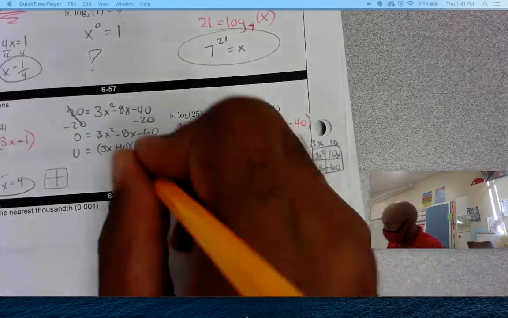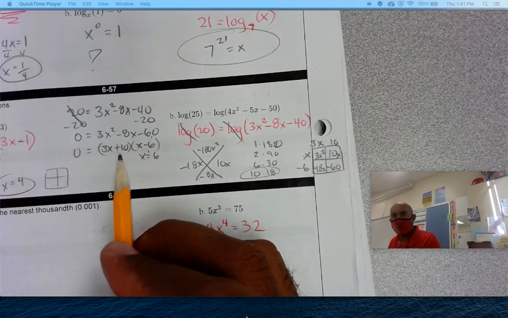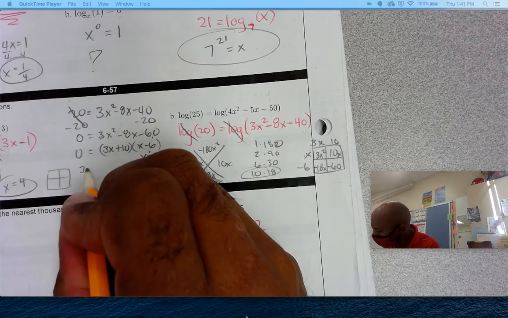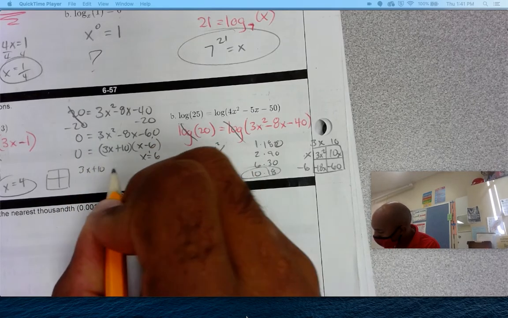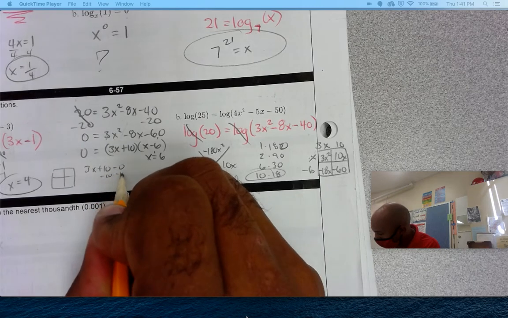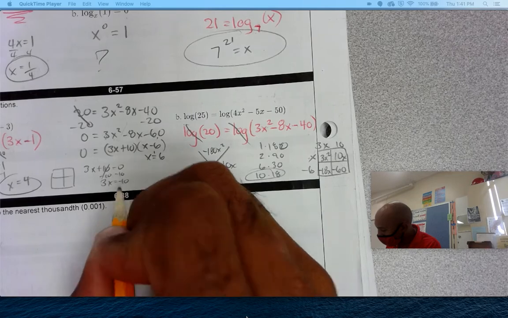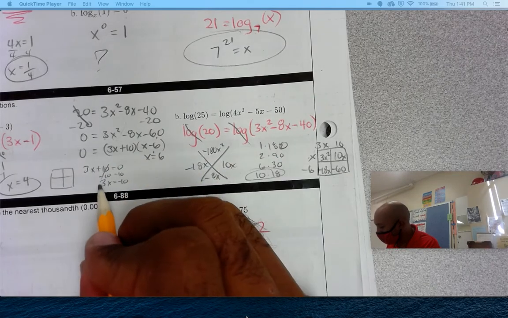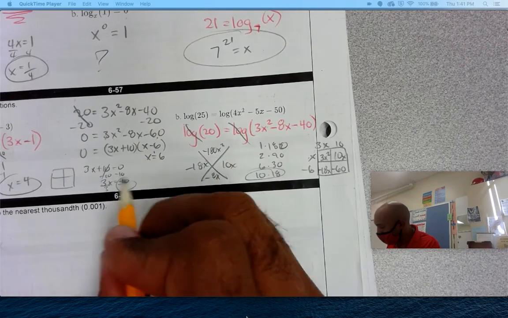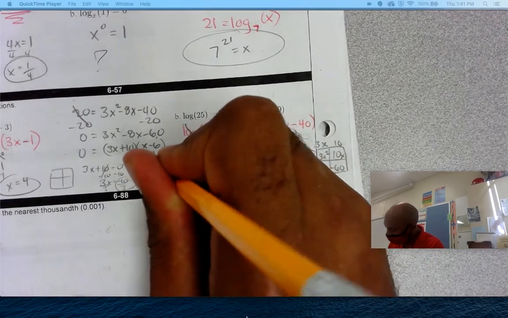It's just the opposite of the sign. x equals positive 6. But 3x plus 10, not so easy. So I'm going to set that up as 3x plus 10 equals 0, and I'm going to solve that. So minus 10, minus 10, this equals negative 10, 3x equals negative 10, and then divide by 3, and you can see right there, there's my answer. x equals negative 10 over 3.